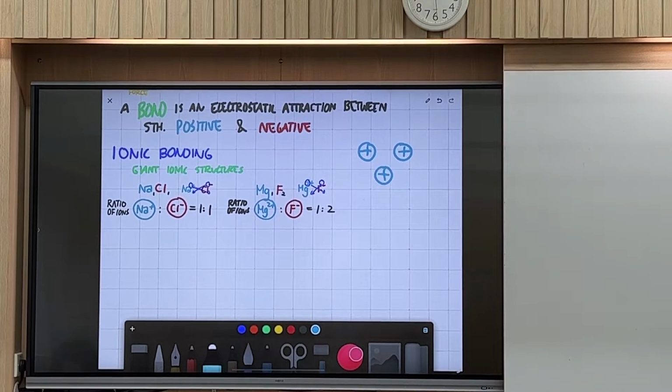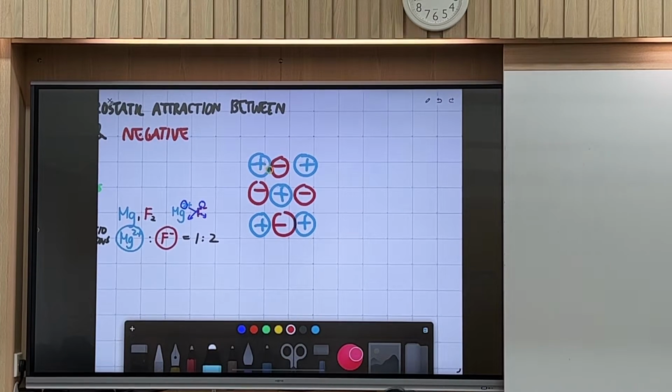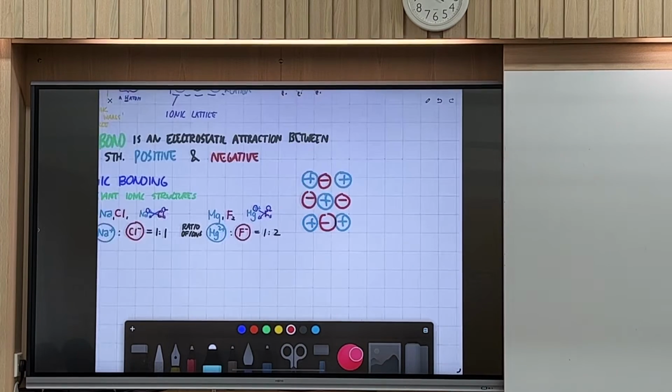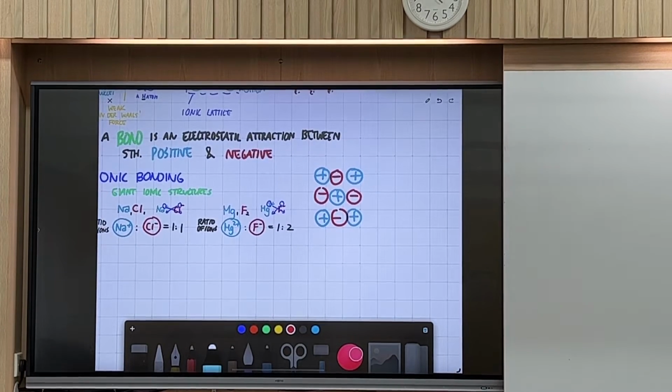Every ion is surrounded by ions of opposite charge. If you think of the positive ions as boys, each boy participant is surrounded by girl participants. They are always put in this alternating manner, so we call this a lattice.